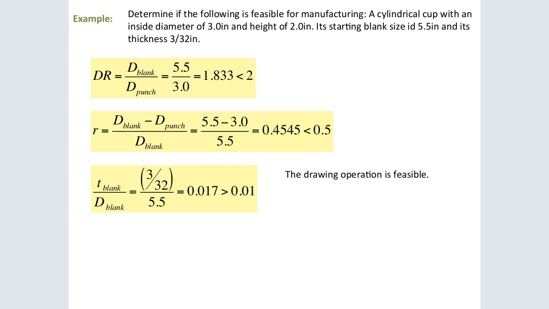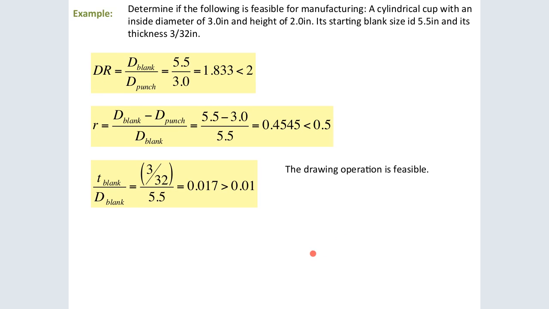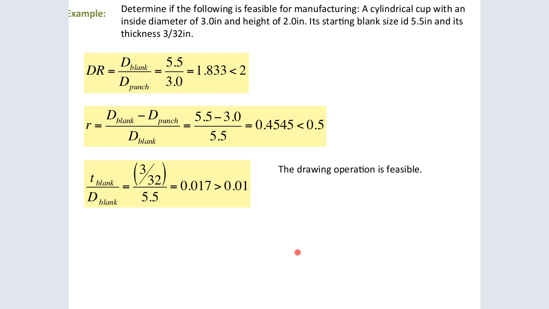So an example is there: determine if the following is feasible for manufacturing. That is a cylinder cup with inside diameter of 3.0 and height of 2.0, starting blank size or OD is 5.5 inches, thickness is 3/32 inch.